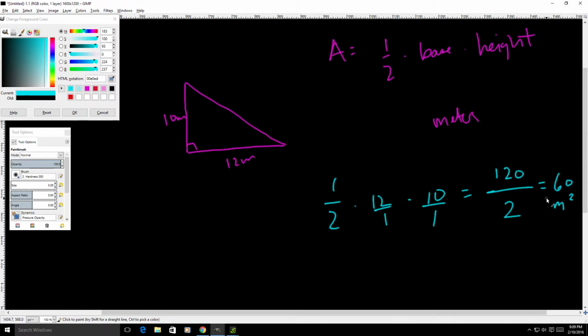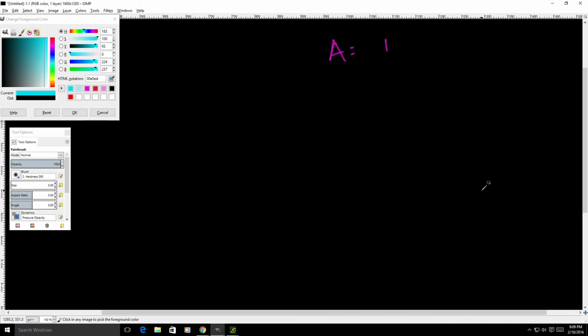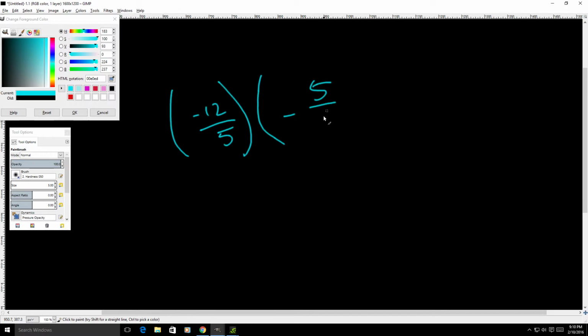And then one last problem. Looks like it is another multiplying fractions problem, so I'll just kind of rush through this one since we've done it. Just as another example, -12 over 5 times -5 over 6.